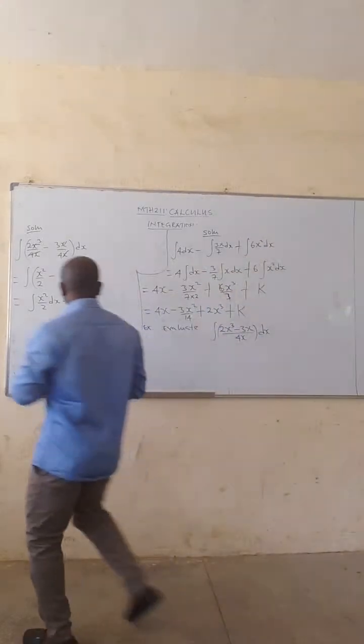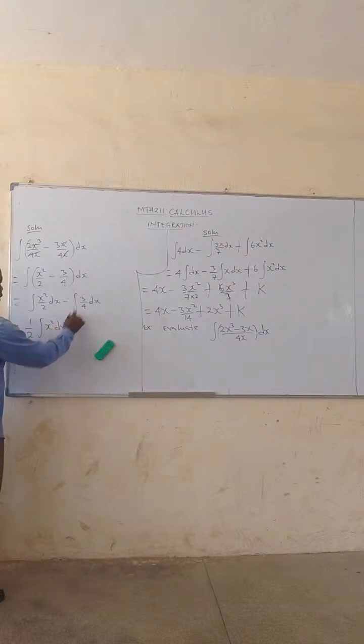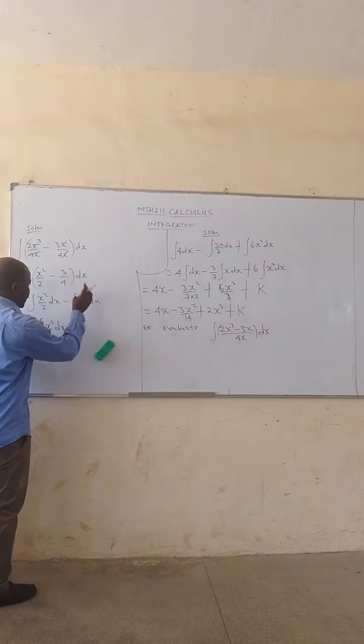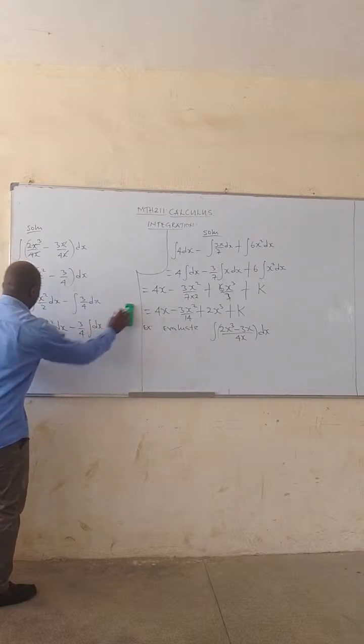If you can see what I am saying, what is constant here? 1 over 2 is constant, so we can factor it out: integral x squared dx. What is constant here? 3 over 4, integral dx.